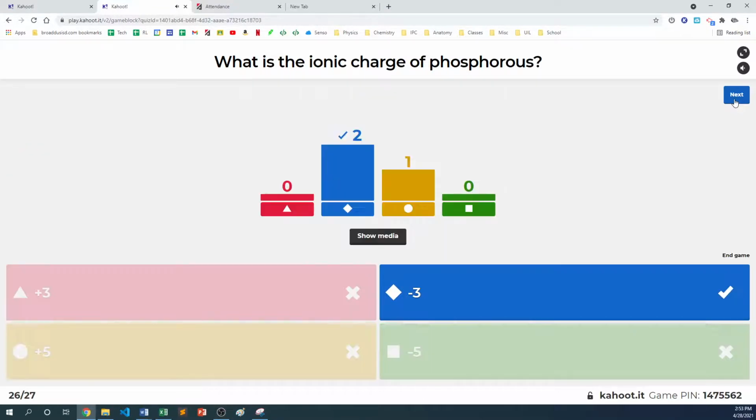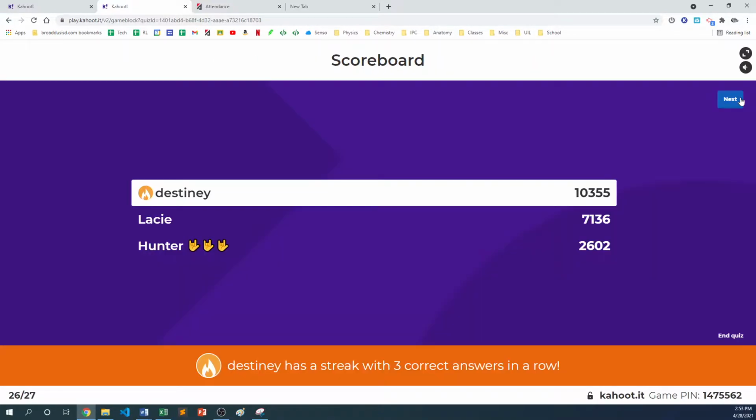So if it has 5 valence electrons, it has a negative 3 charge.